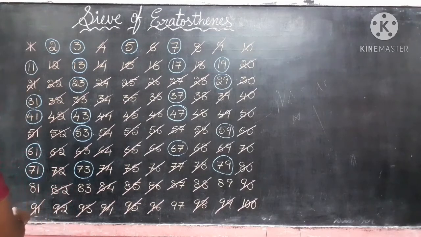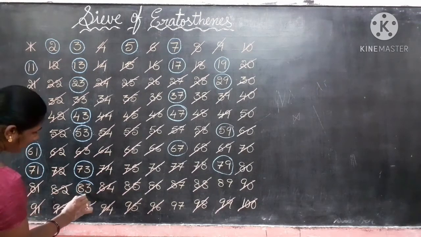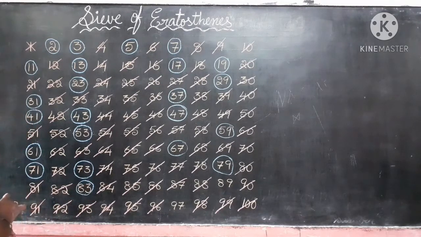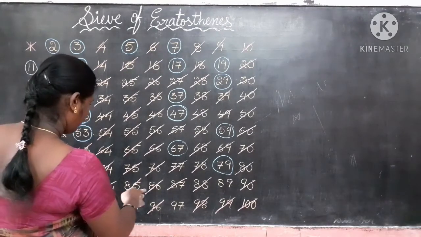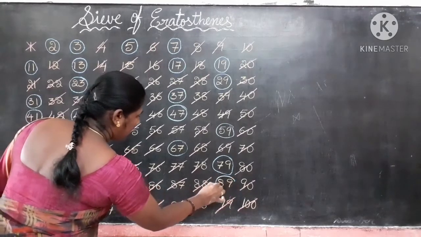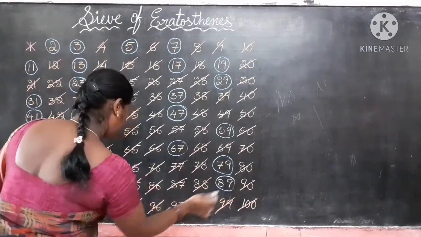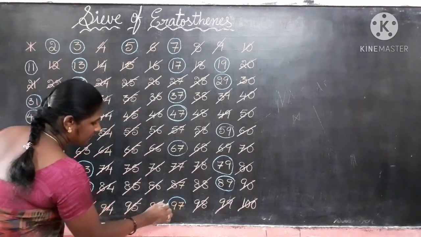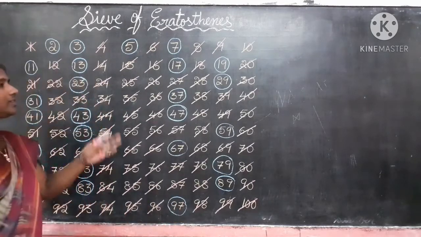In the 3 table, 27, 81 also we can see. Next 83, 89, 97. Okay, first we find these.